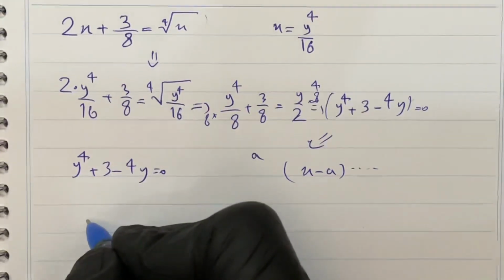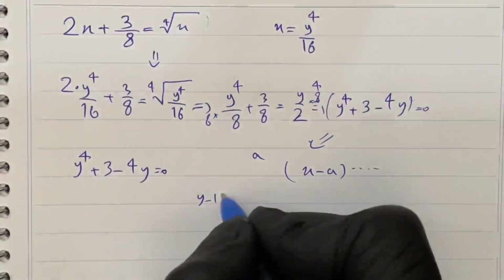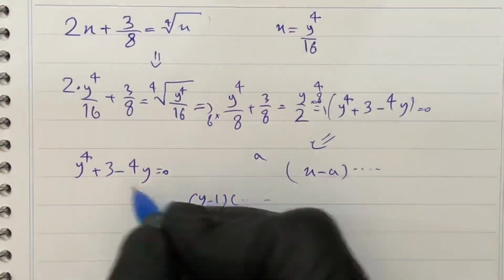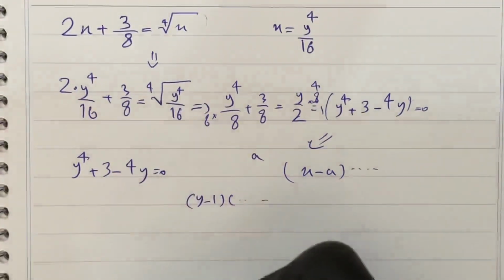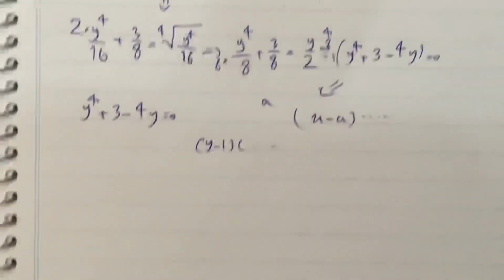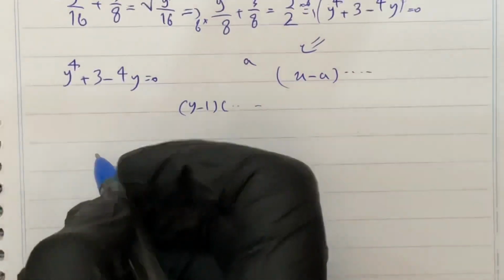So knowing that one obvious root is y equals 1, we would have this factorization as y minus 1 times something. To find this something, we just have to divide this by y minus 1, and that is the division with variables.